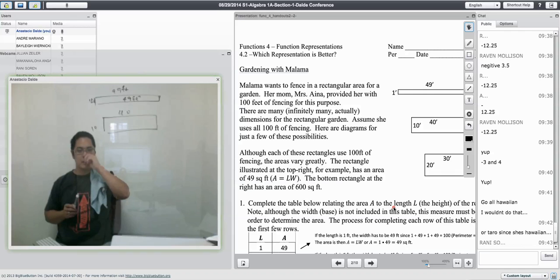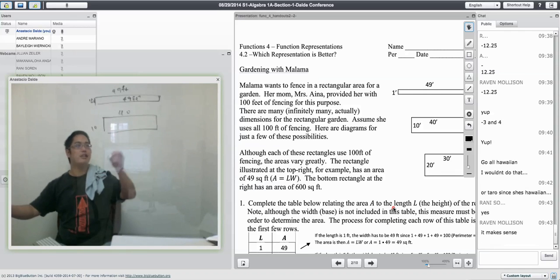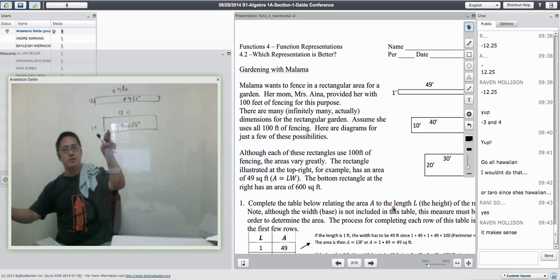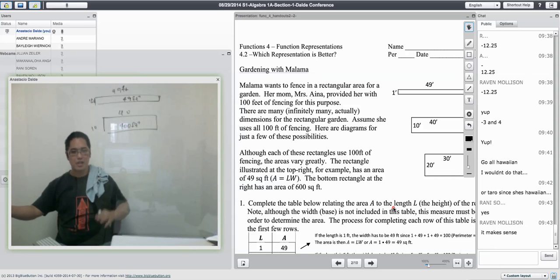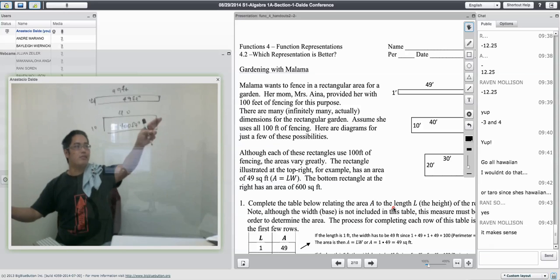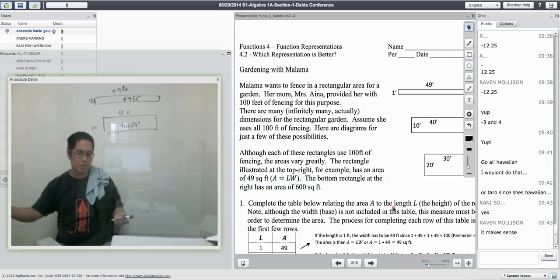Another thing she could do is a 10 by 40, and in that case her square footage would be 400 feet squared. Oh, awesome. She gets way more square footage with that configuration. She'll use the same amount of fence: 10 by 40, that's 50, plus another 10 is 60, plus 40 is 100.